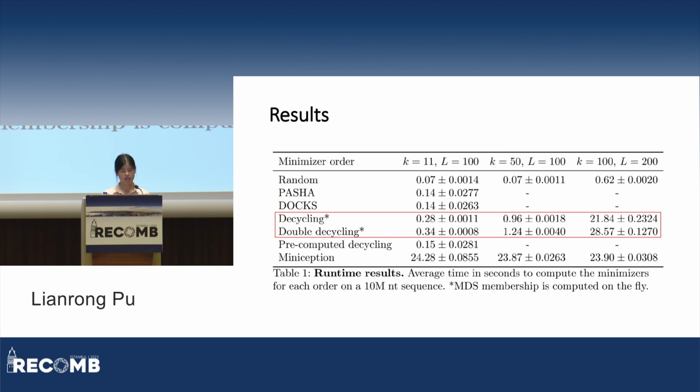And when k is small, if we pre-compute the decycling set and store it in memory, then it consumes similar time compared to the universal hitting set based order. And if we calculate the membership on the fly, then it consumes a little bit more time compared to the universal hitting set, but less time than minception.